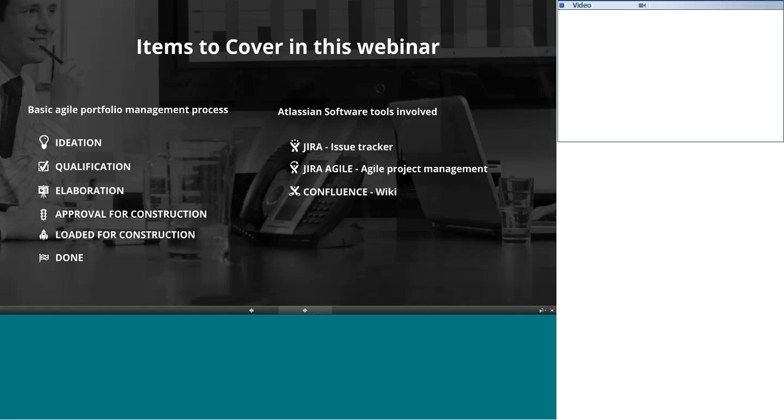But the real benefit of Confluence really comes in the fact that it is a central document repository. So we won't have to rely on emails going back and forth. We'll have one central location that everybody can log on and see what's going on, see what ticket that document is associated with, and bring everybody up to speed rather quickly.